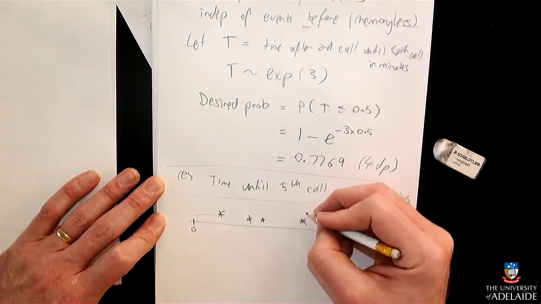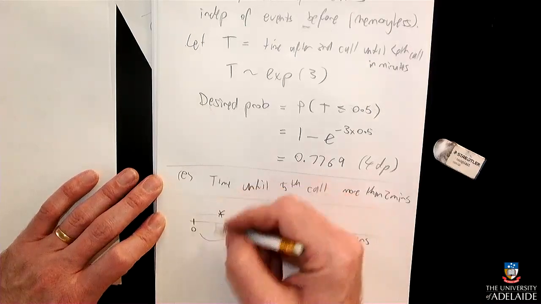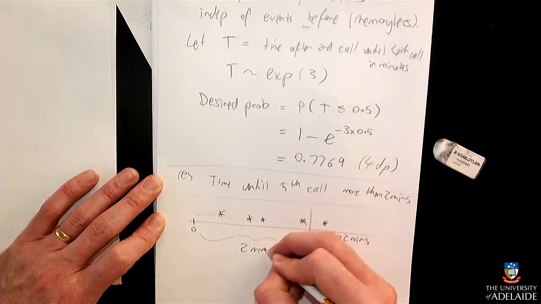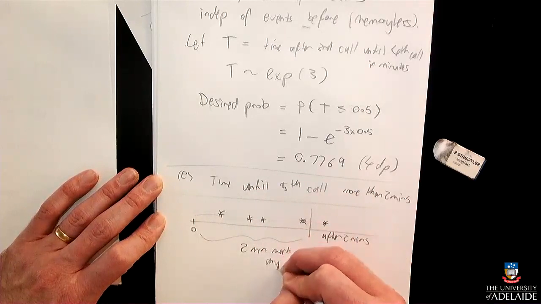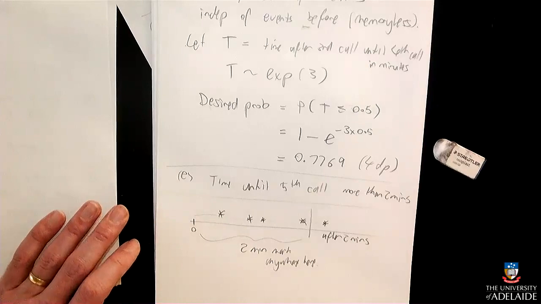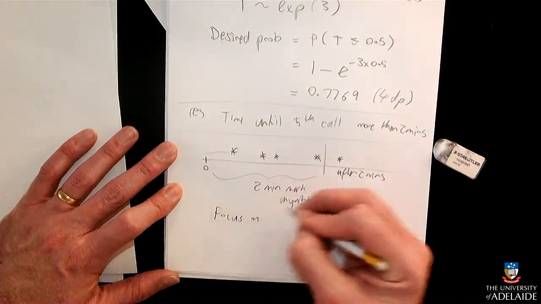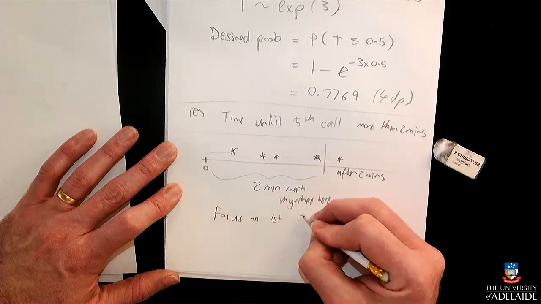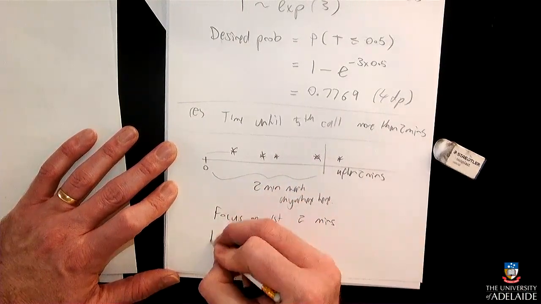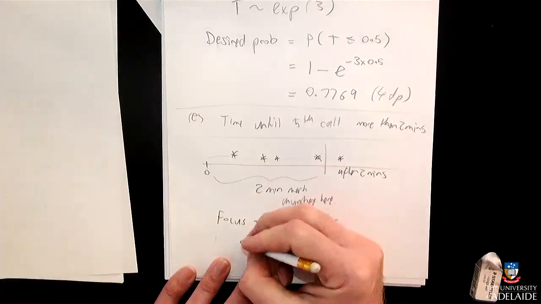So my 2 minutes could be anywhere here. And then the 5th call would happen afterwards. So I reckon what we can do is we can focus on the probability that, and let x be the number of calls in those first 2 minutes.